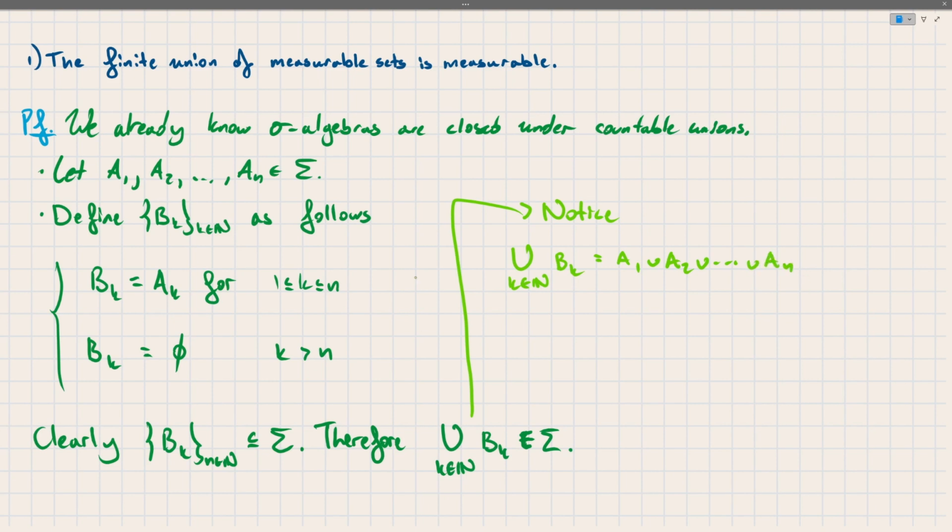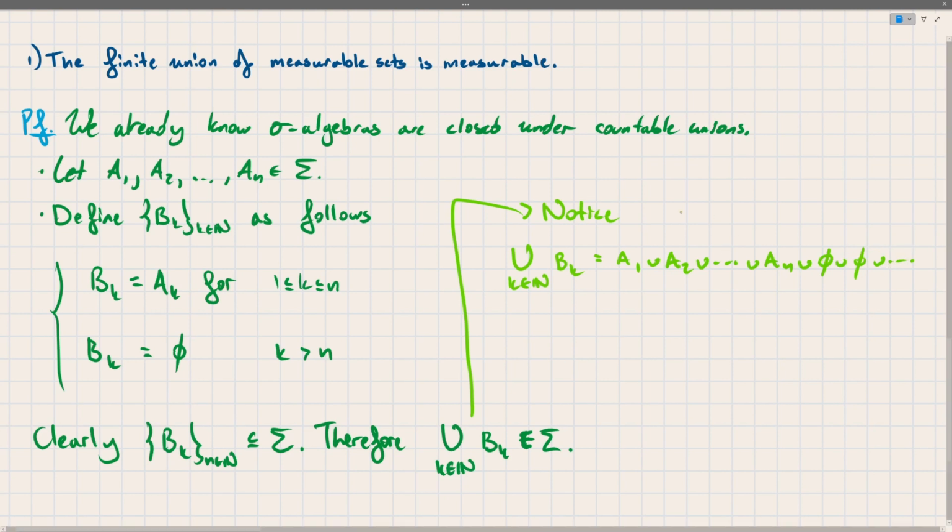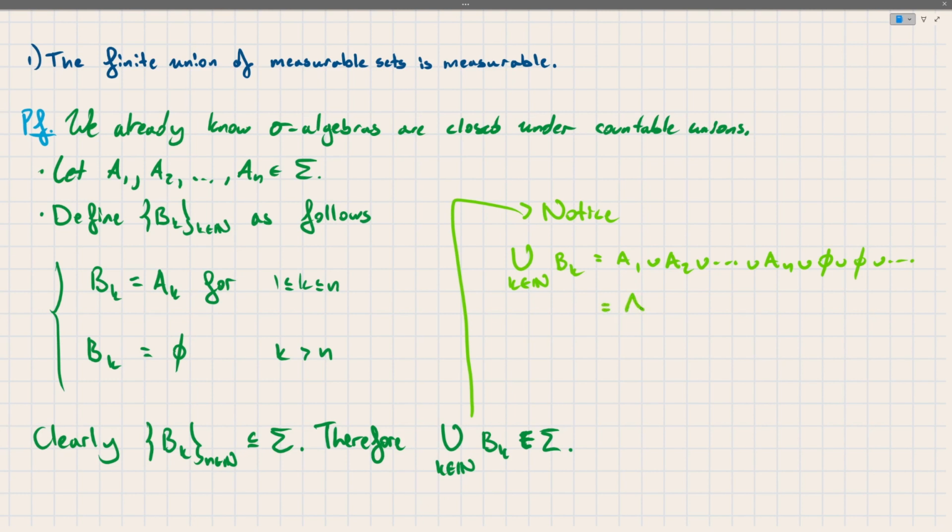Because the first n elements of this sequence are precisely the elements of this finite sequence here, A1, A2, all the way to AN. And then after AN, I'm just unioning with the empty set. And I just keep doing that. Okay, well, this doesn't matter, right? Because if I union a set with the empty set, I get that set. So this whole business right here is actually just equal to the finite union, A1 union A2 union AN.